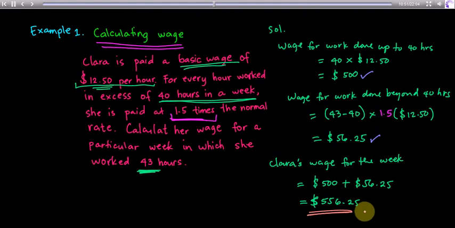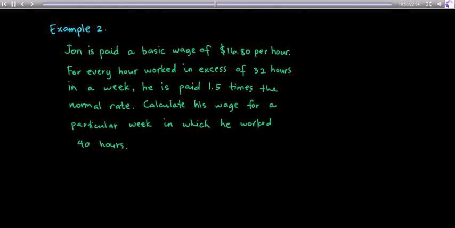Alright, now let's proceed with the next example. Example 2. John is paid a basic wage of $16.80 per hour. For every hour worked in excess of 32 hours in a week, he is paid 1.5 times the normal rate.